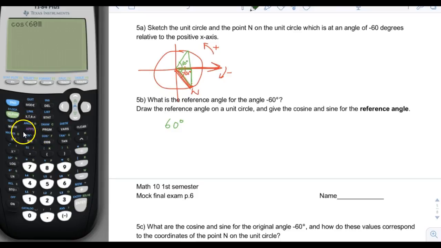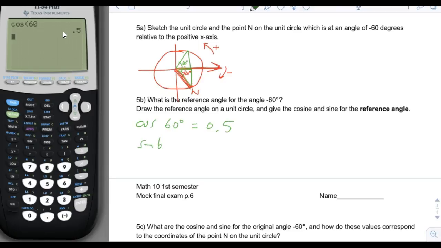So first we're going to go to the mode button, which is here. And then we need to go down and change it to degrees. And then we quit. And then we say, okay, now I want to know what the cosine of 60 is. It's 0.5, okay? So the cosine of 60 is 0.5, according to the calculator.